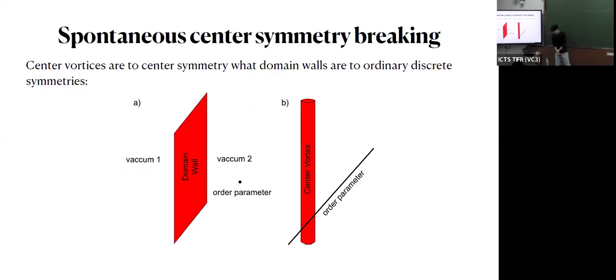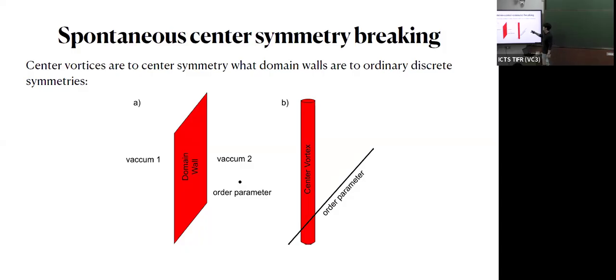So there's an analogy with domain walls, which is very important. And this idea goes back, you can find this idea in the early works of 't Hooft, when the slogan is that center vortices are to center symmetry as domain walls are to discrete ordinary symmetries.